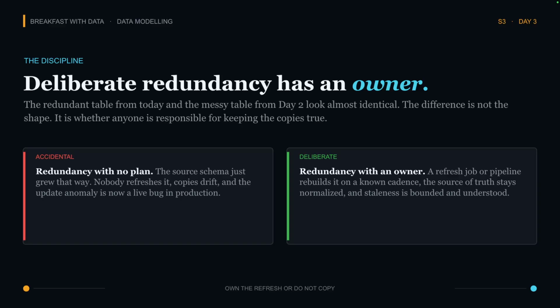But at the end of the day, it is whether anyone is responsible for keeping the true copy or not, right? If you are just writing things, putting in redundancy, no plan, no schema, you might enter into an update anomaly, right?